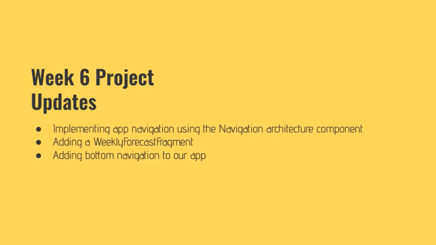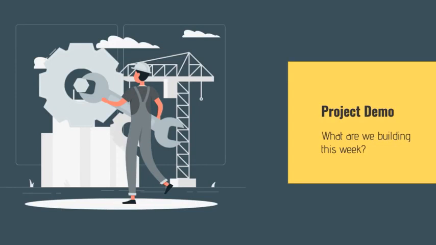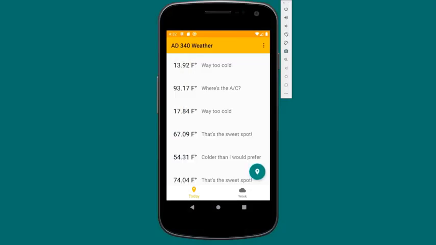And then we will be adding bottom navigation to our app as a means of navigating between these different forecasts that we have available. So if we want to jump over to our emulator, we can take a peek at what we'll be building this week. So you see right off the bat, we have a little bit different of a project structure here. Down at the bottom, we see that we have this bottom navigation view.